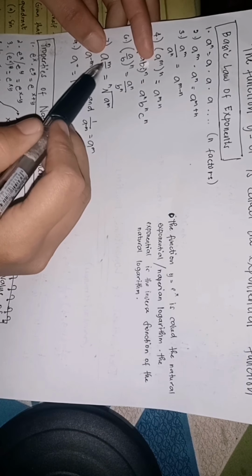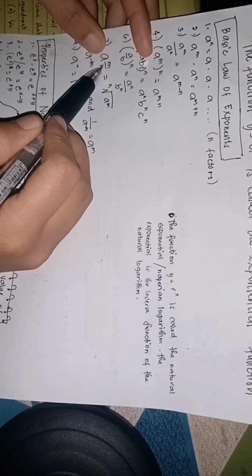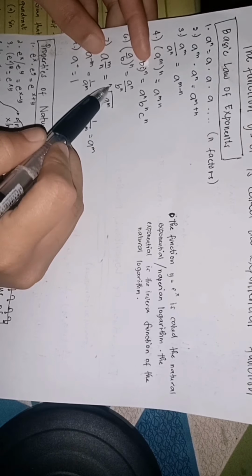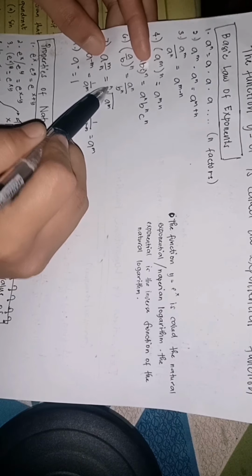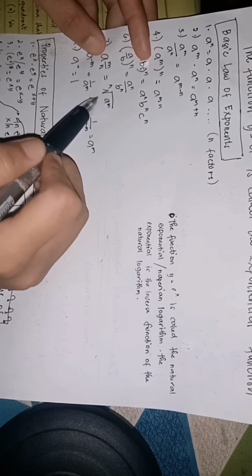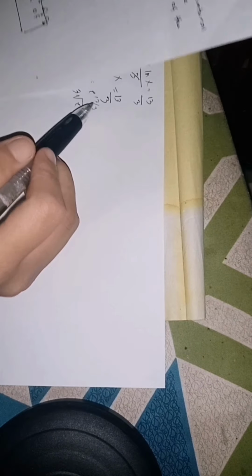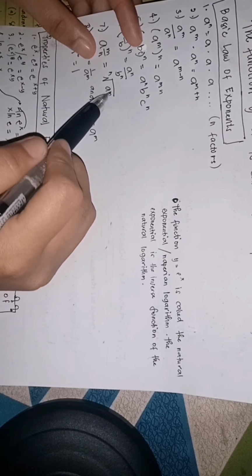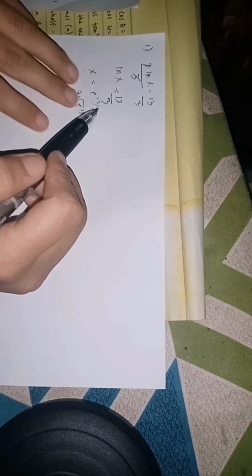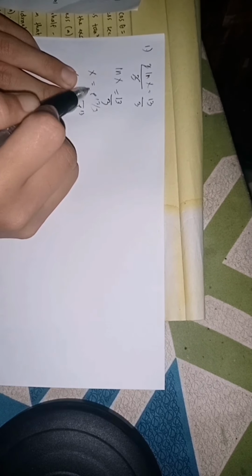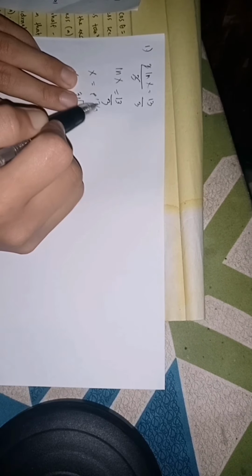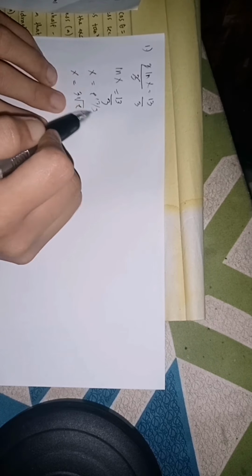For the basic law of exponents, which is number 7, the denominator comes out as the root index, and the numerator remains as the exponent of e. So in this solution, x equals e raised to 13 over 3.